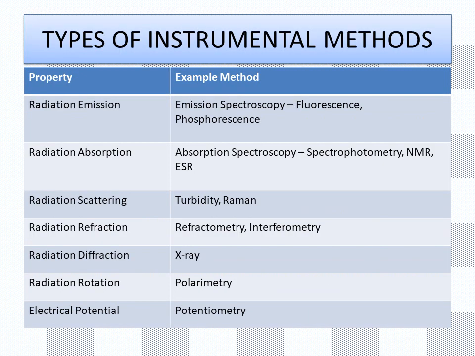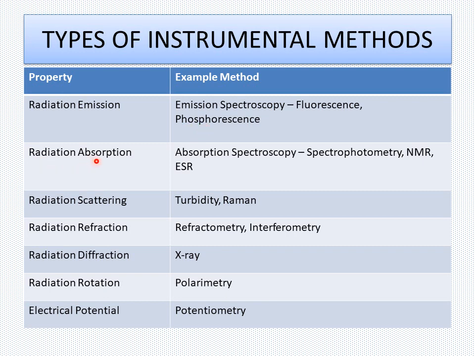And in the end, there are the types of instrumental methods. So here's the table, in which different properties are listed and the techniques in which they are being measured. So first of all is radiation emission, and it is being observed in emission spectroscopy, fluorescence spectroscopy, and phosphorescence spectroscopy.